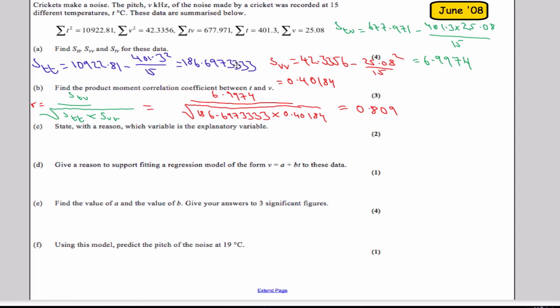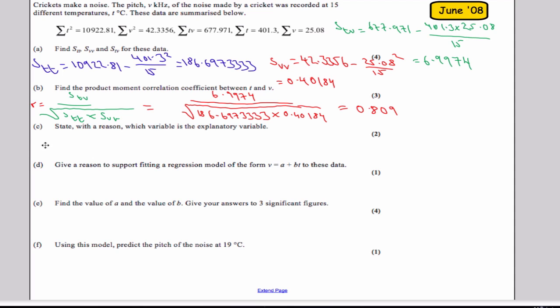So let's look at this closely. The explanatory variable is generally the independent variable, and I think the independent variable in this case is the temperature, because the temperature will be fixed and the pitch depends on the temperature.